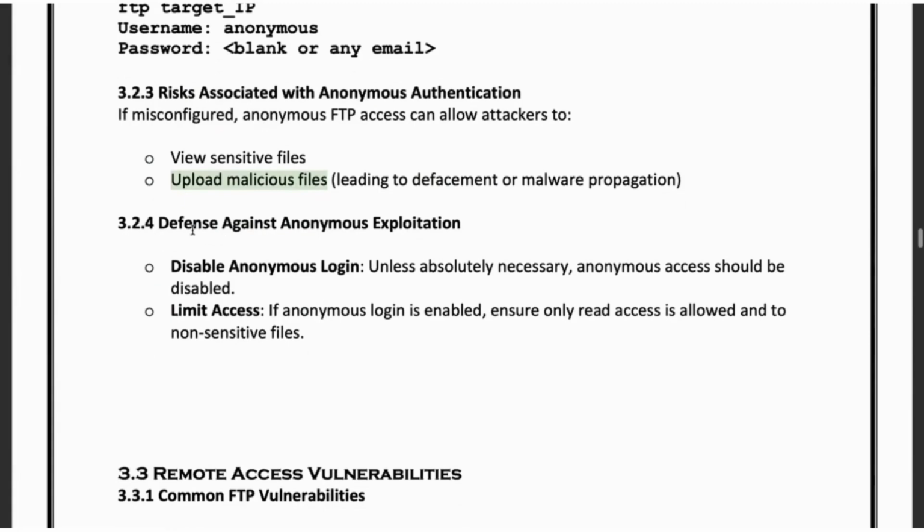So what defense mechanism can you use? You can disable anonymous logins on the server side or limit access. You can grant read-only access to the files, or make only non-sensitive files available.